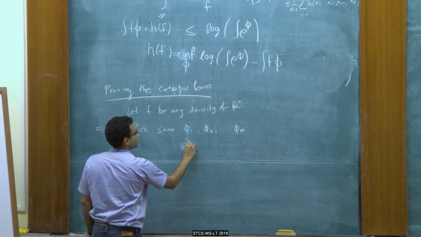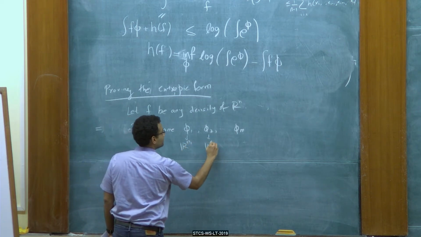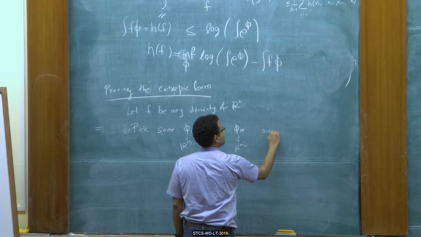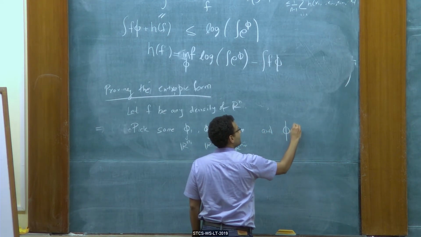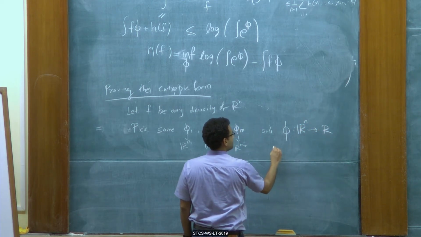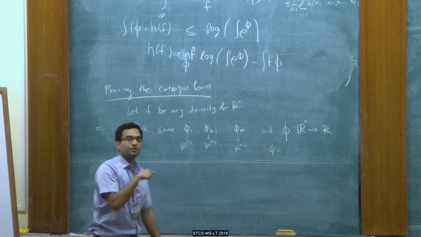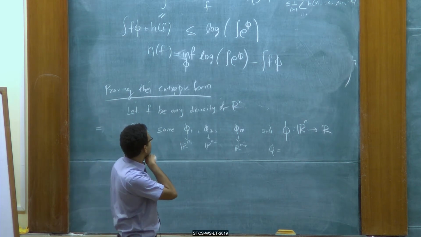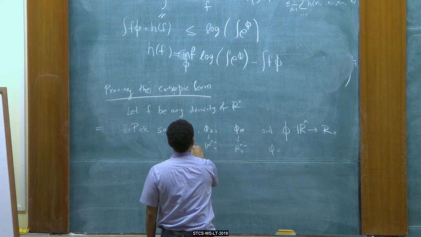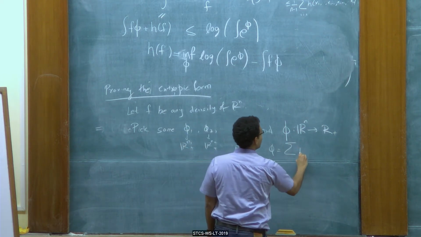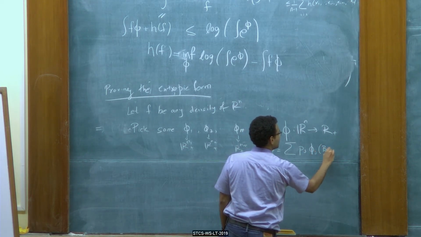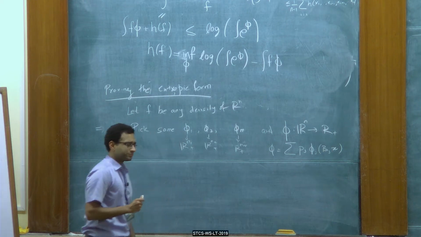So phi1 is some function on R to the n1, phi2 is on R to the n2, up to R to the nm, and define this function phi from Rn to R plus as the sum of pj phi j of bj x.